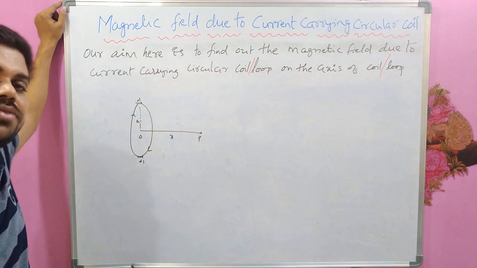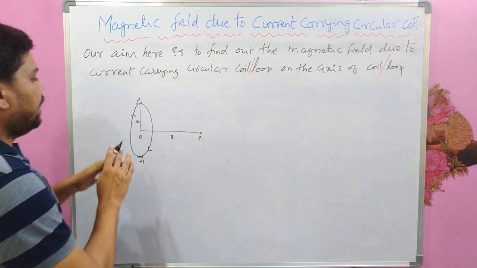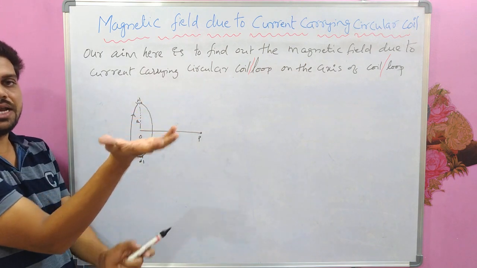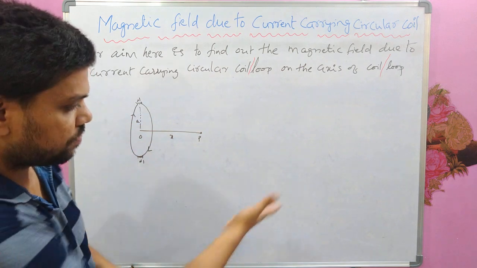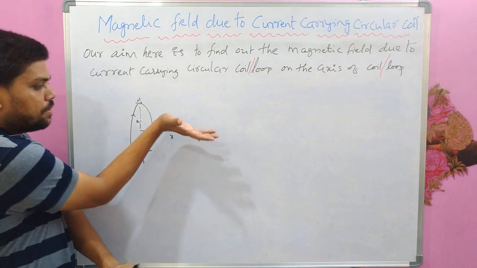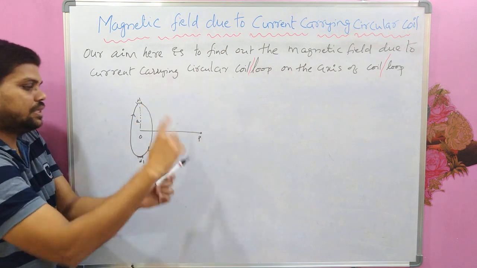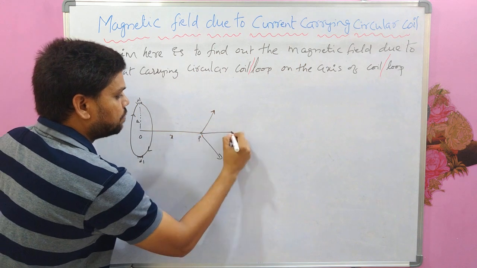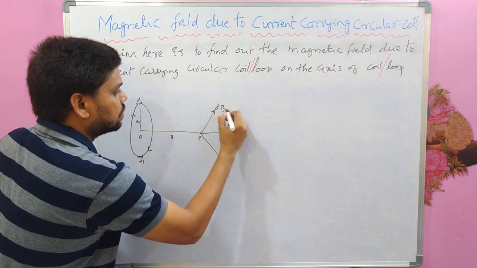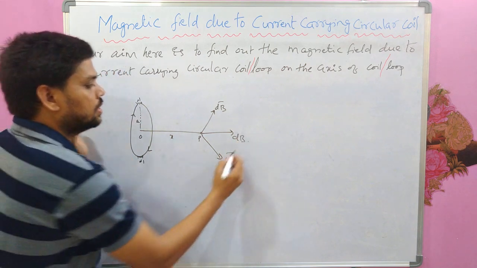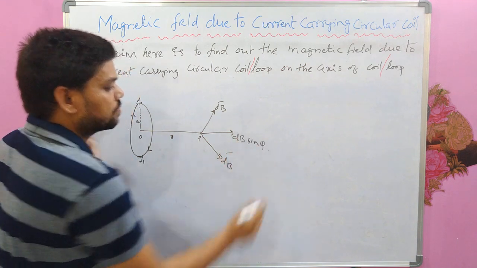Till now that is what we have done. Using our thumb rule and the vector form of Biot-Savart law, we have seen that the magnetic field direction in this case is this, and the net magnetic field is in this way. You can say dB sin phi.